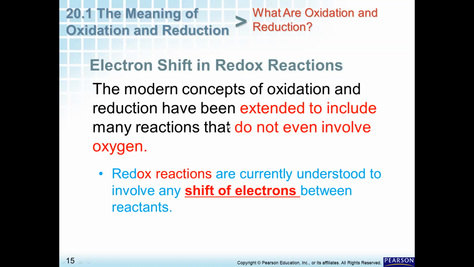Right. Then it was not limited to this. The oxidation concept and the reduction concept have been extended further by involving electrons. So it's not only about the oxygen content, but also about shifting of electrons, and that is gaining or losing electrons partially or completely.